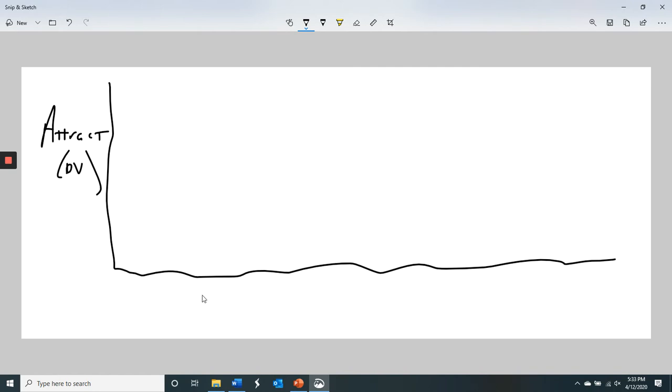We have to actually do bars. I'm going to do blue here, green, and then red. And so we're going to have bars, and this bar will be low on sociosexuality. This bar will be medium.